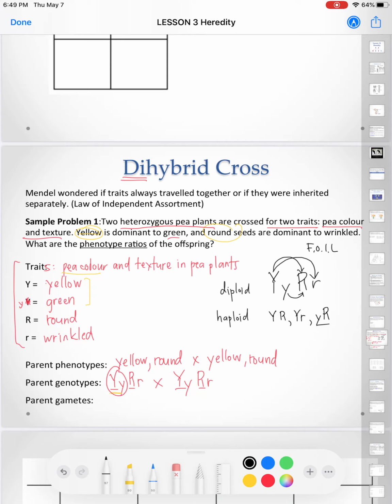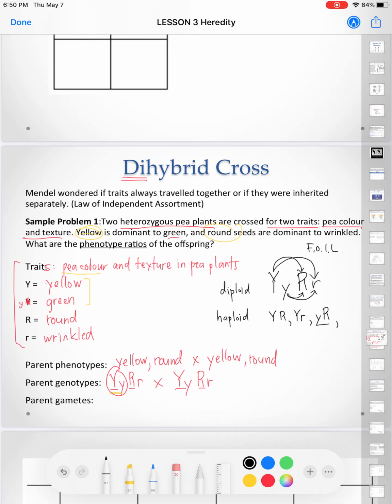And even though there is 1 dominant R, don't put that before the Y, because the Y's always go first, no matter what. The next combination, and the last combination, is a lowercase y and a lowercase r.